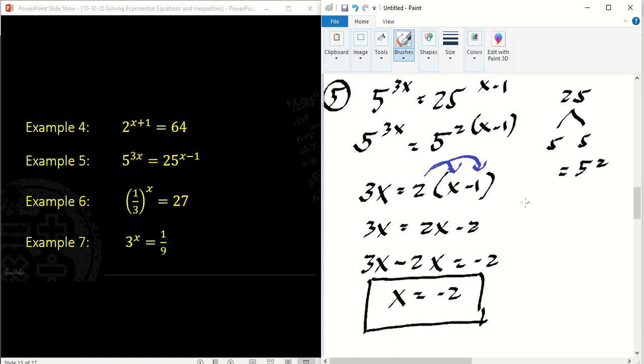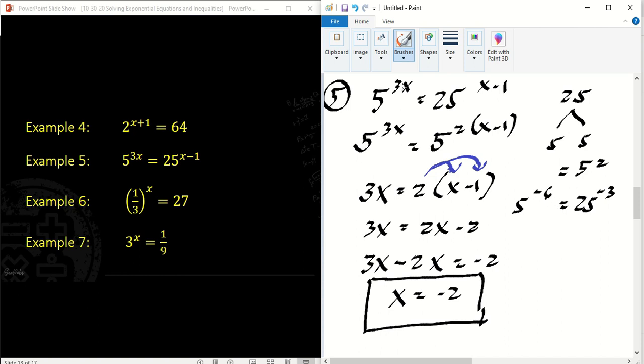Simplihan ko na lang yung checking ha, hindi ko nalalagay lahat ha. So 5. So negative 2 times 3, negative 6 is equal to 25. Negative 2 times negative 1. So, at negative 2 minus 1, negative 3. Hindi ko na nilagay yung given ha.